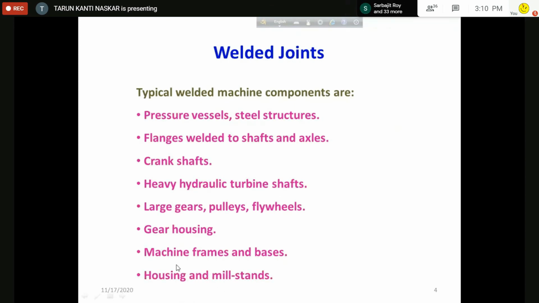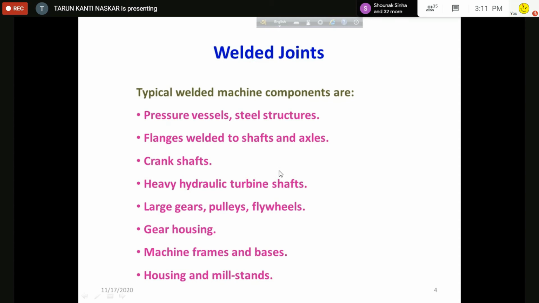So these are the major industrial uses for welding, and there are so many others.